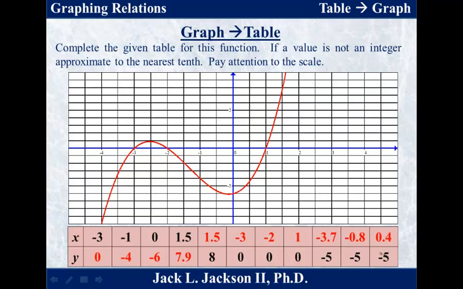And likewise, it crosses the horizontal line at y equals -5 right here 3 times, and we're going to estimate this one right here at -3.7, and this one right here is negative, let's say 0.8, and this one right here as, let's say, about 0.4.